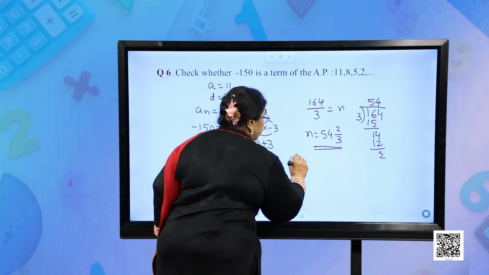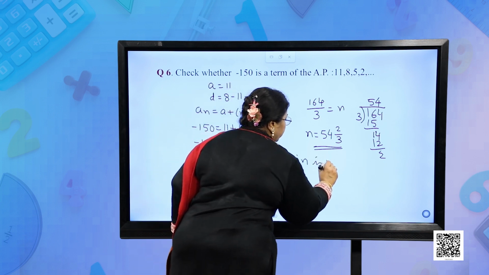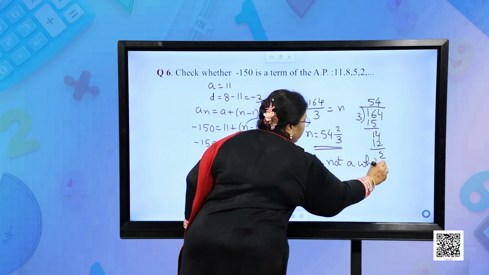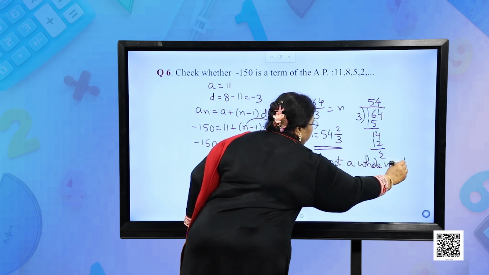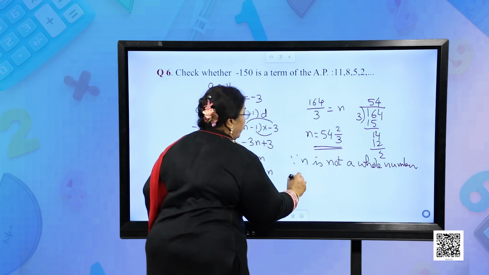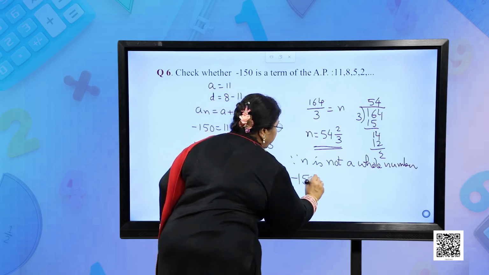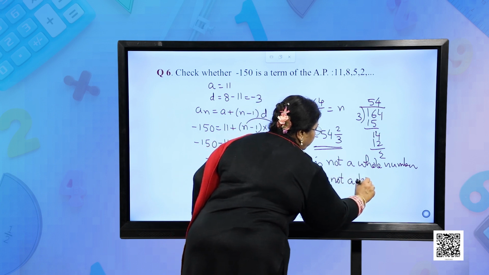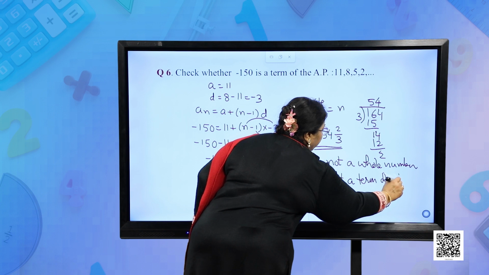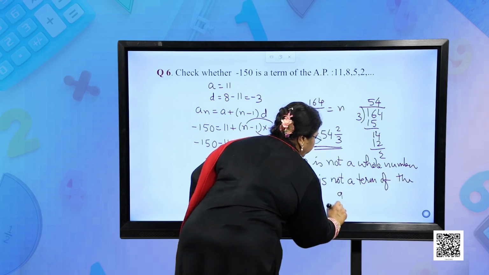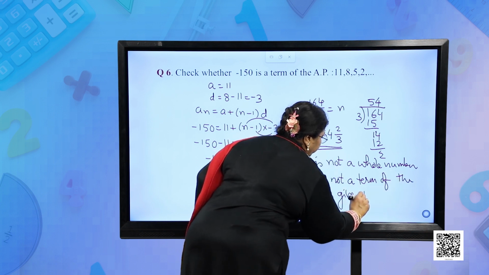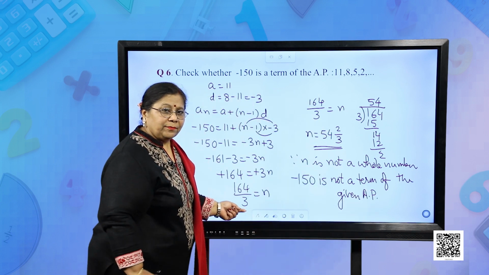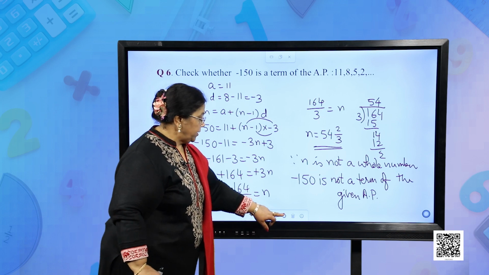Okay. Since n is not a whole number, I can say minus 150 is not a term of the given AP. Is it clear? Okay, let us do the next question now.